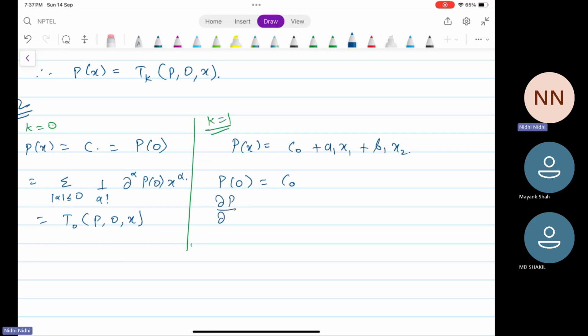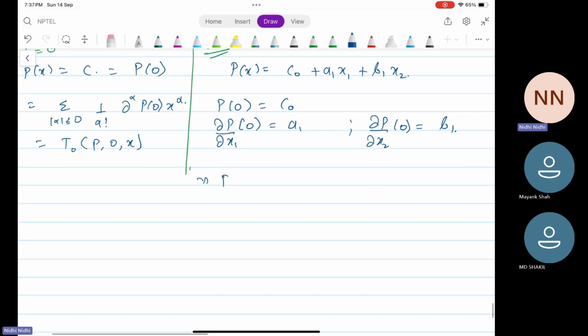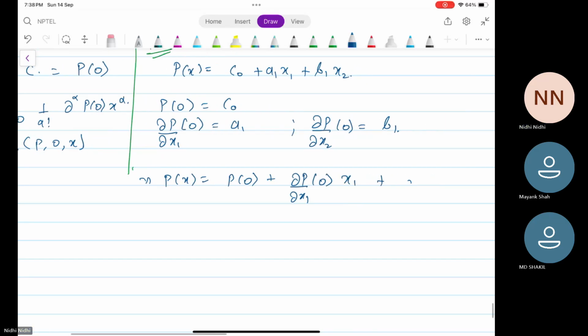Del p by del x1 at 0 is a1. Del p by del x2 at 0 is equal to b1. So I can write the polynomial p(x) as p(0) plus del p by del x1 at 0 times x1 plus del p by del x2 at 0 times x2.